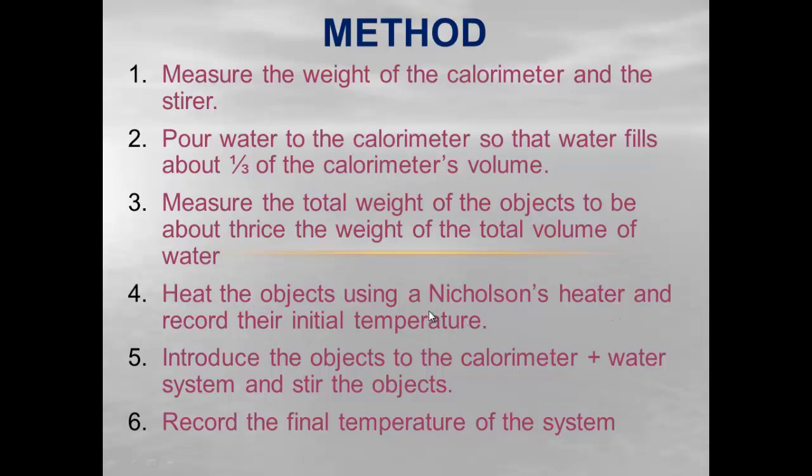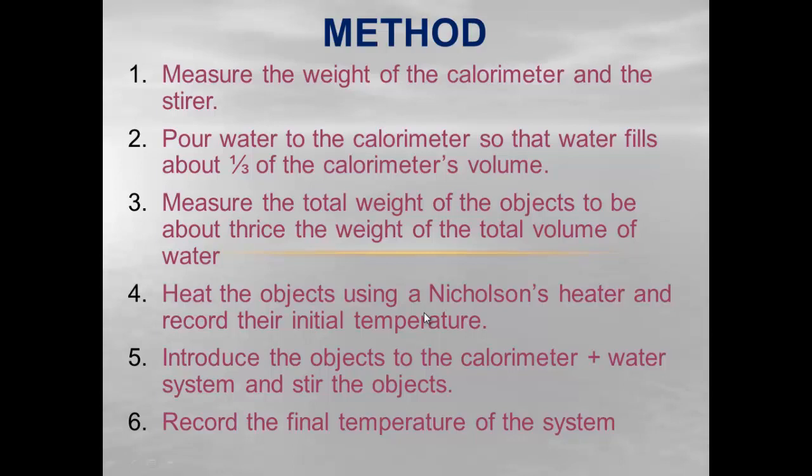The initial temperature of the objects we took as theta2. Then at the fifth step, we have to find the mass of the final system and the final temperature. To do that, we introduce the objects to the calorimeter plus water system and stir so that the heat is thoroughly and equally distributed along the water column.